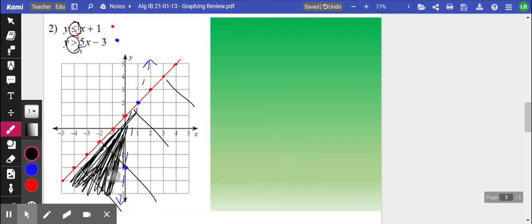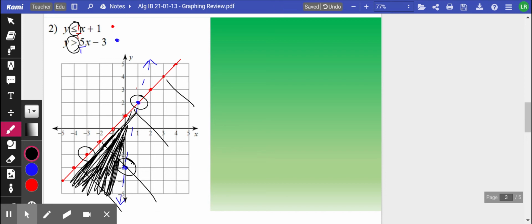Just to make sure we talk about it, this point right here that's on the dotted line, is that considered a solution? No, because it's on a dotted line. What about this one right here that's on a solid line? Is that considered a solution? Yes, right? What about this one right here, where they intersect? Would that be considered a solution?